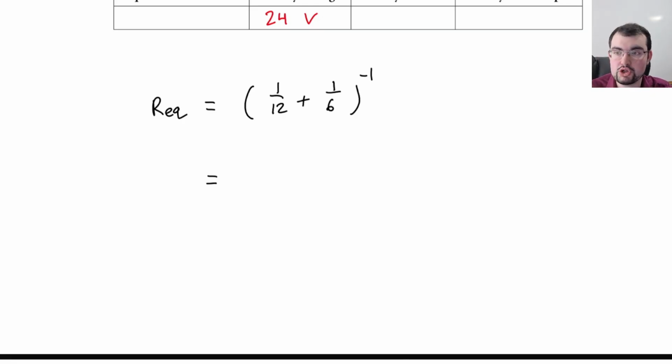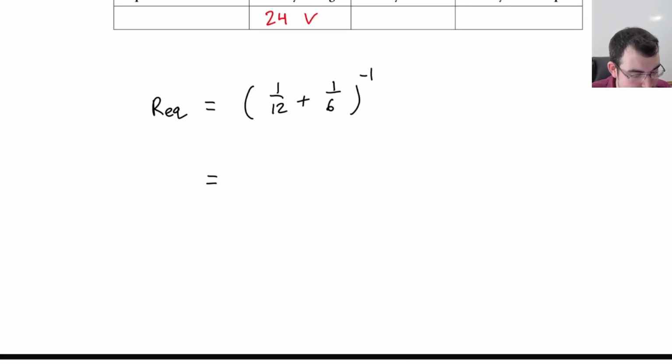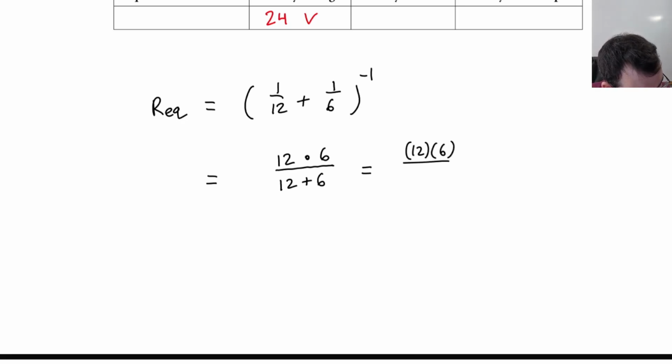And if you want to do a shortcut, without typing this into your calculator, a shortcut says that for 2 resistors in parallel, after doing a common denominator, you'll find that it can be written as the product of the resistances over the sum. So this would be 12 times 6 divided by 18.